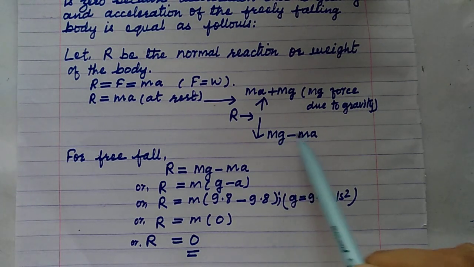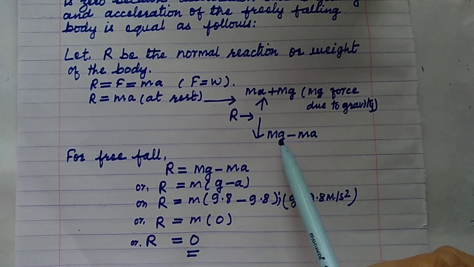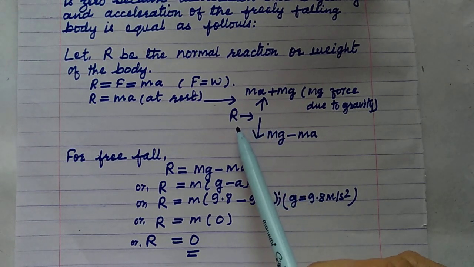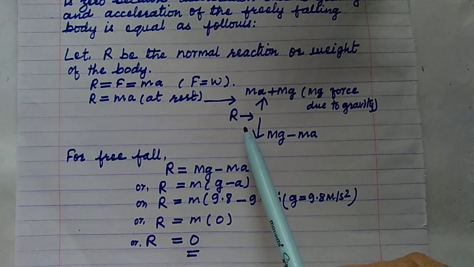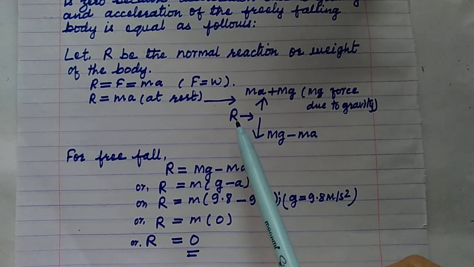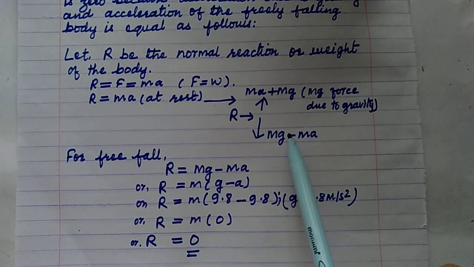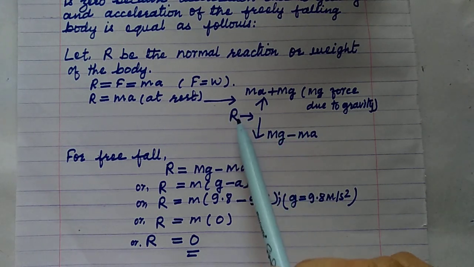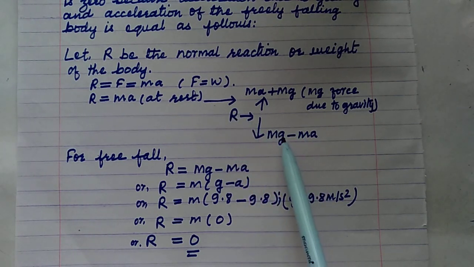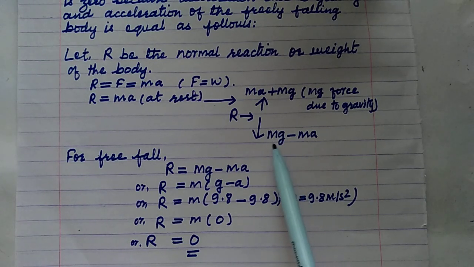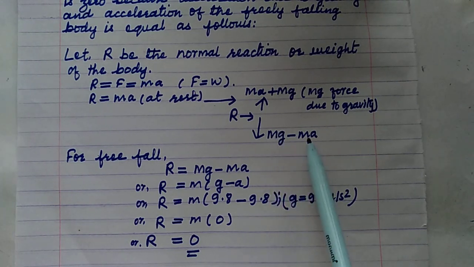The difference in these two forces will give the weight or the normal reaction, the weight in free fall condition. Because when the body is falling down, force due to gravity is greater than the force due to weight of the body. So now we can write it in this manner.